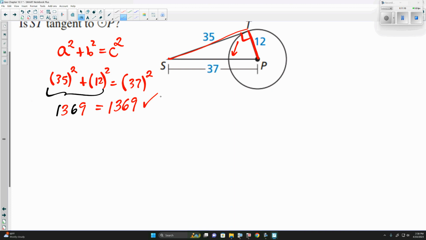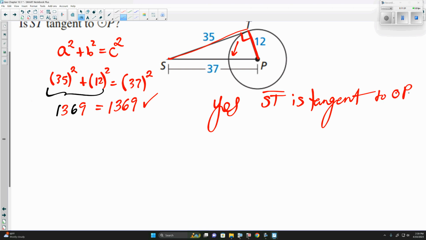Yes, this is true. The Pythagorean theorem is true, which means this is a right triangle. So is ST tangent to circle P? Yes. ST is tangent to circle P.